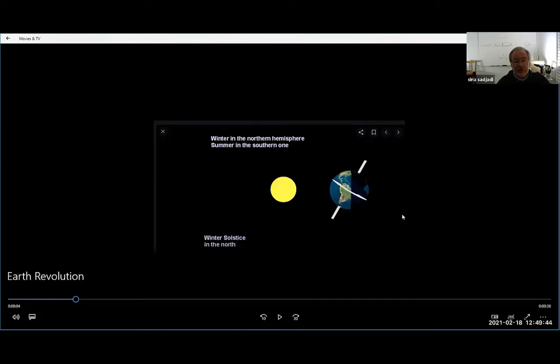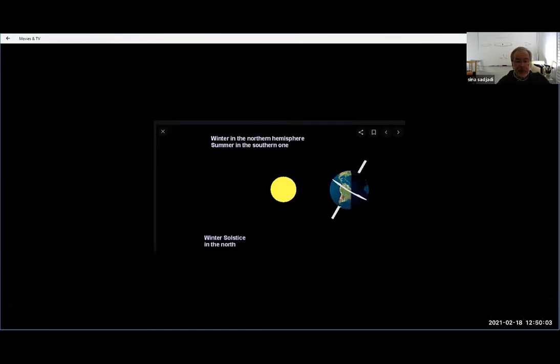Now, in this position here, from the Earth, when you look at the sun, for us in the northern hemisphere anyways, the sun appears to be below the celestial equator. Look at this. Just below. Below, right?